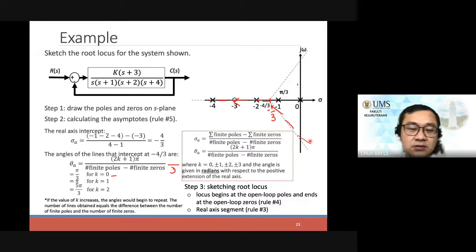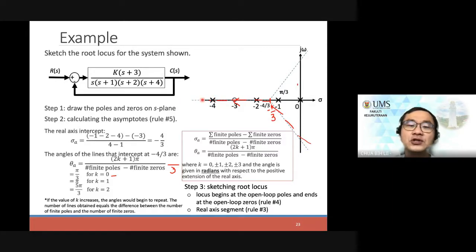Now based on this, we can see that for the first segment, we know that there are some lines over here. Then the second segment is this one, from the poles to the zero. This one is along this asymptote line, so this one is correct. However for this point, since it has nowhere to go in these directions, it will go along this asymptote line.